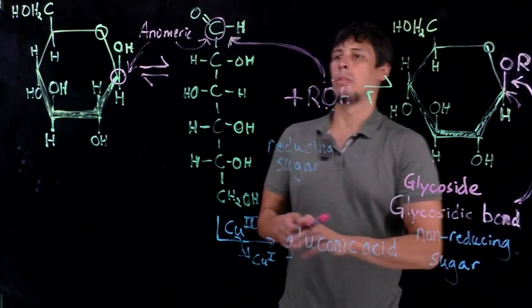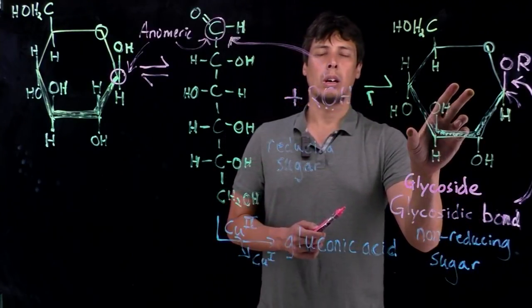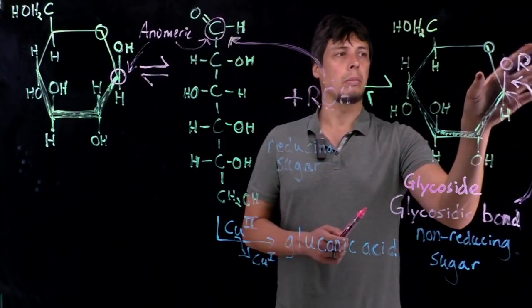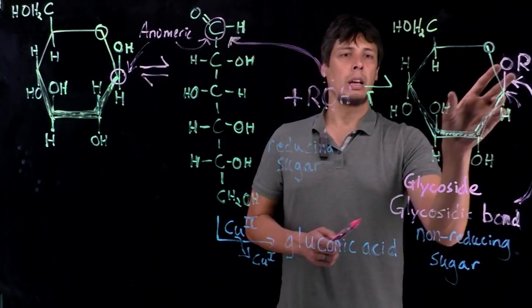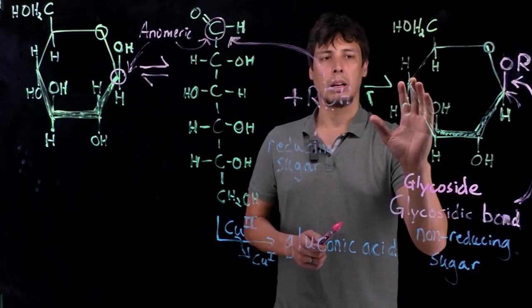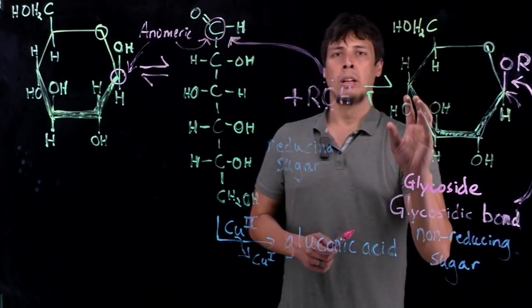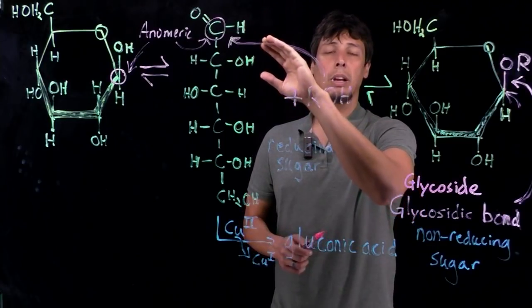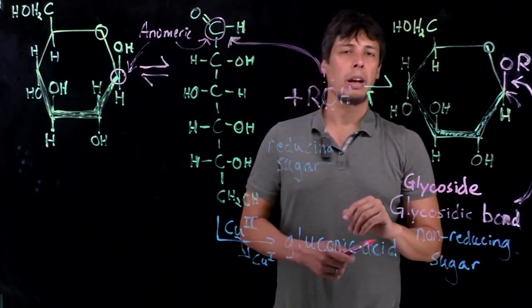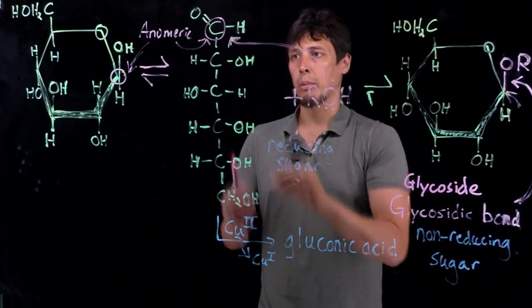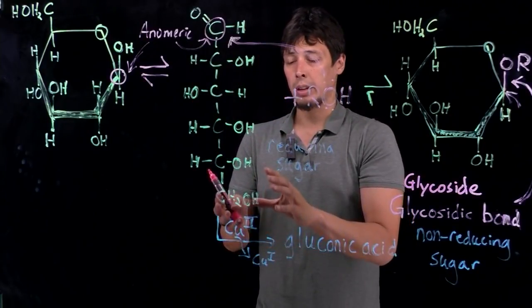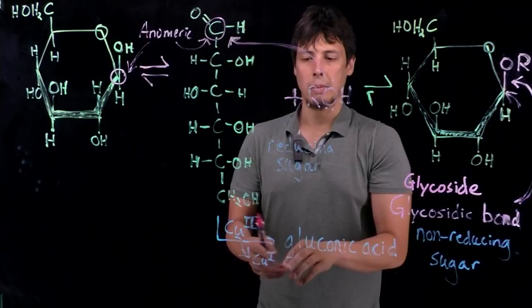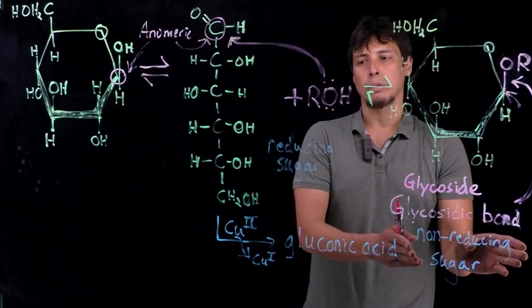And so the glycoside is not a reducing sugar, again, because this oxygen is protected and the equilibrium is not such that it's favorable to form anything but a negligible amount of the aldehyde. And since the aldehyde can't be formed, it can't be used to reduce copper 2 to copper 1. So this is a non-reducing sugar.